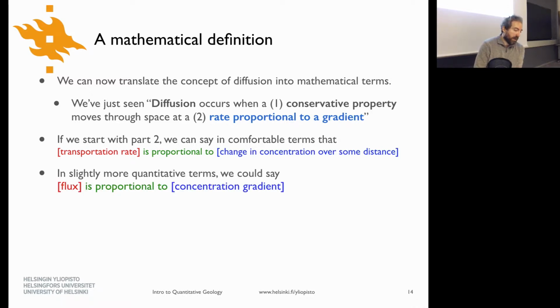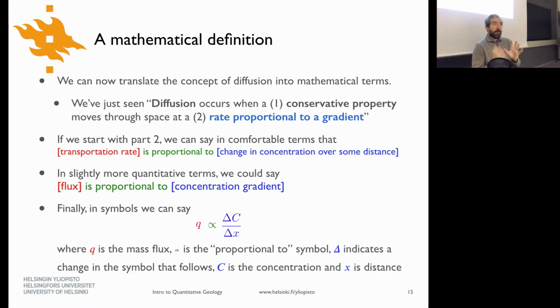We could put that in more quantitative terms. Often the transportation rate is referred to as a flux. And so we could say that our transportation rate, or flux, is proportional to our concentration gradient. That's basically just rearranging what is said in the text above.